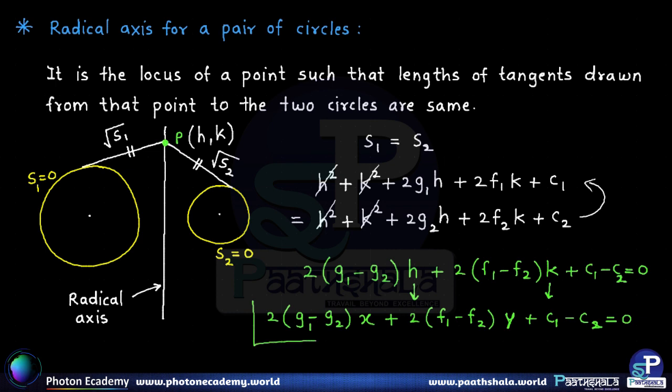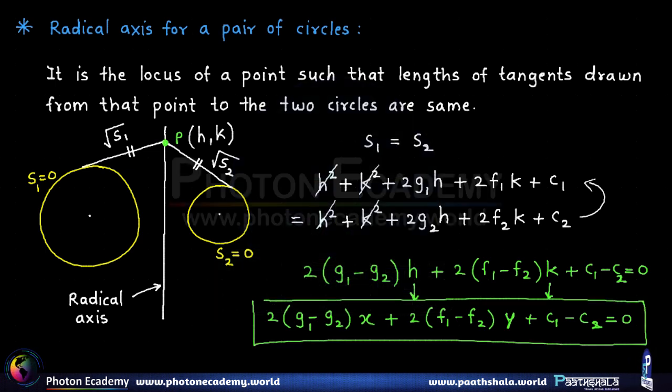From this equation it is clear that it's a linear equation in x and y, so it represents a straight line, which is called the radical axis for that particular pair of circles.